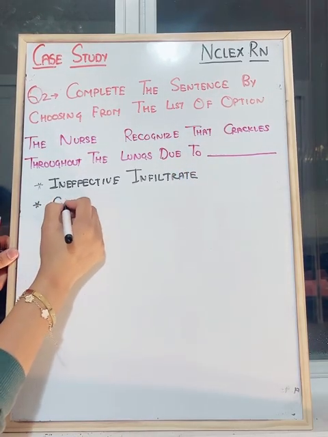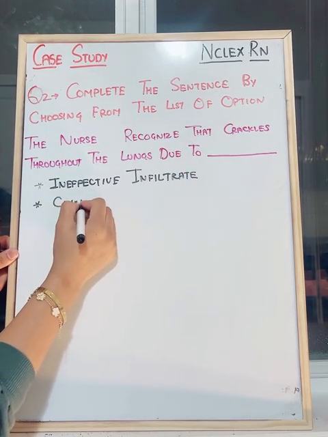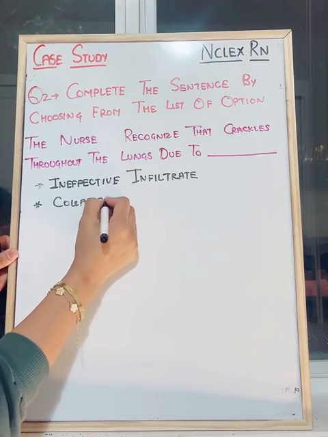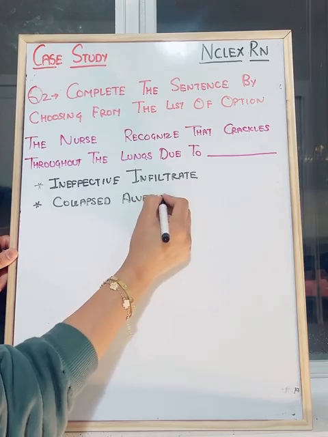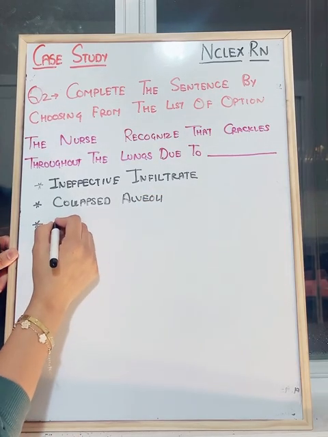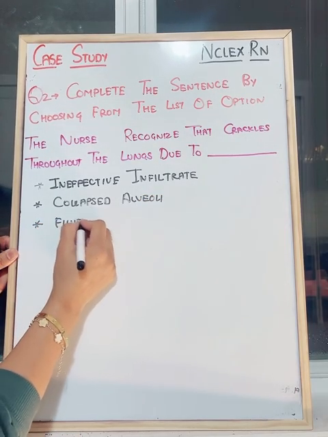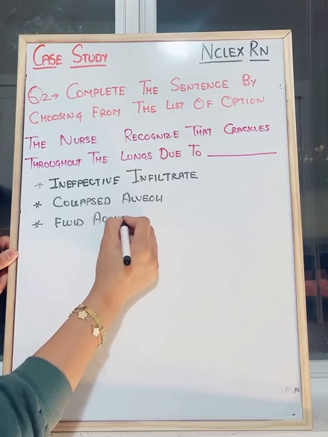Number 2, collapsed alveoli. Number 3, fluid accumulation.